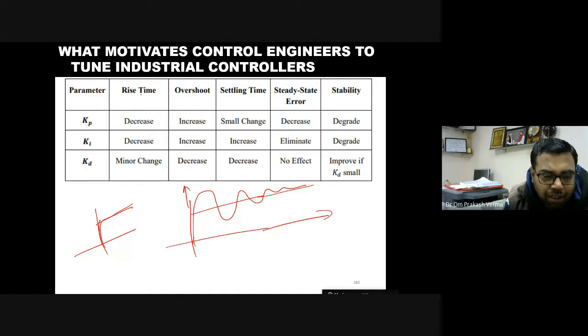It means we want minimum rise time, zero overshoot, and a very fast settling time. If the response settles in very minimum time, the steady state error should be zero, and the system should be highly stable.